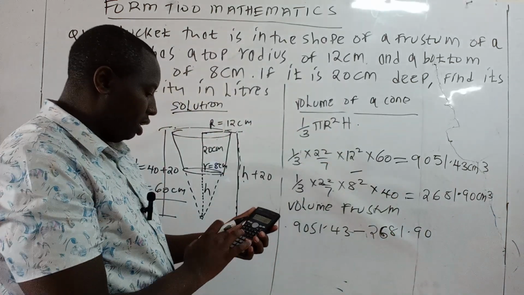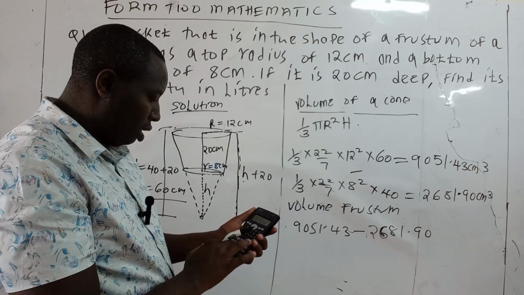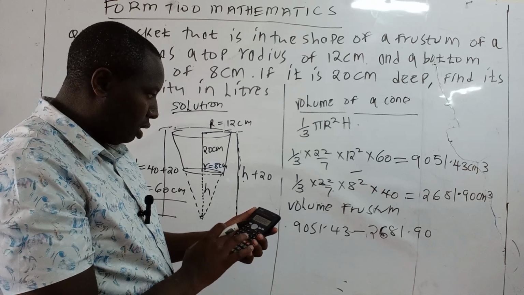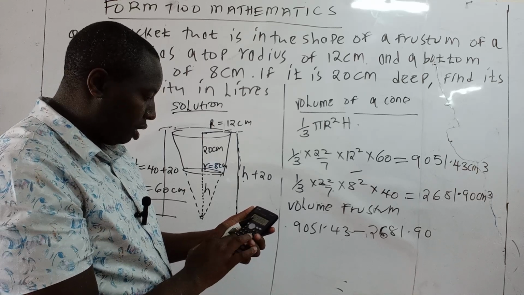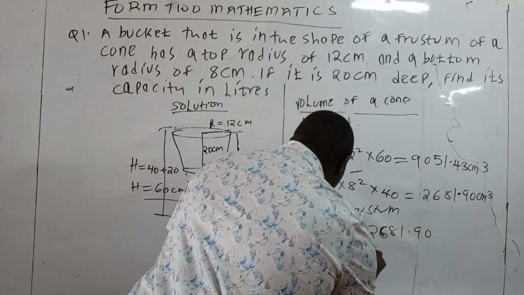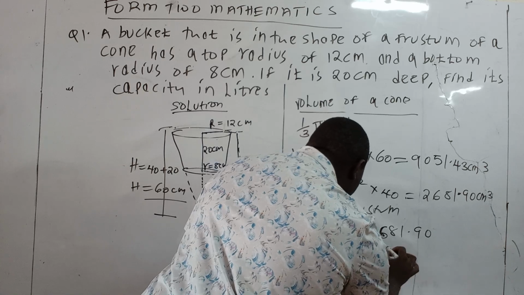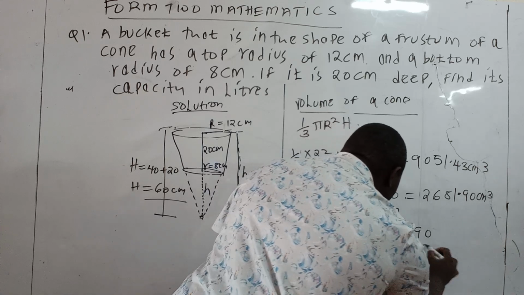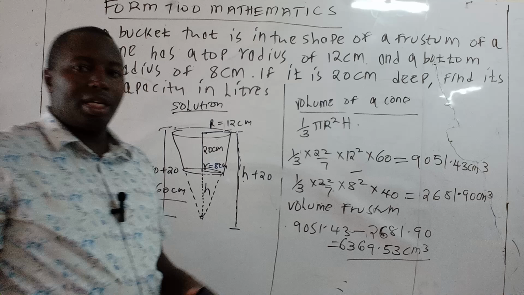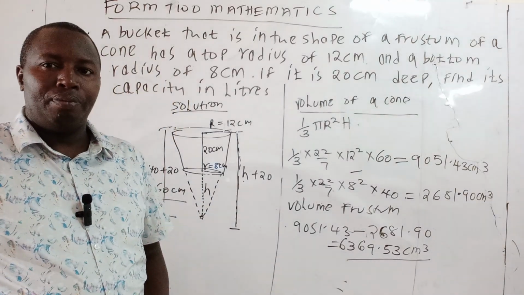Subtract that. This comes to 6369.53 centimeters cubed.